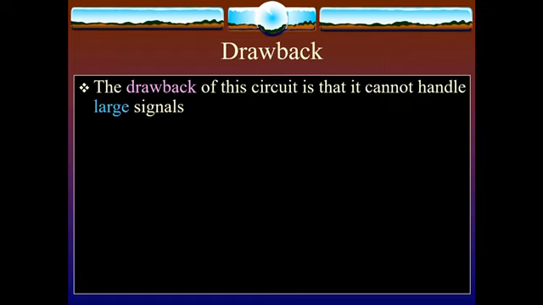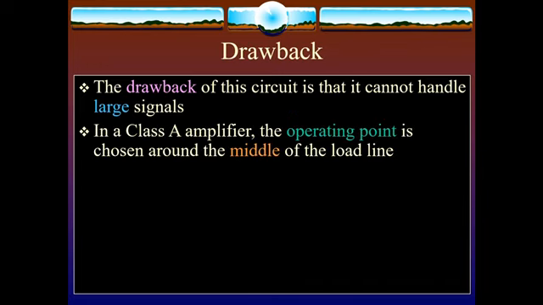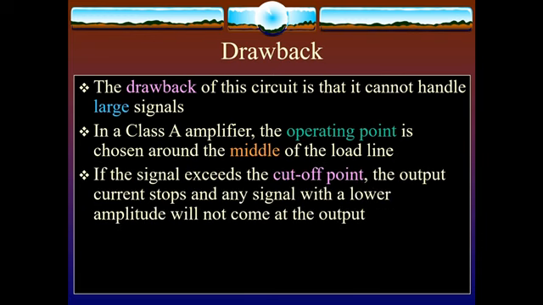So what is the drawback you can see in this design? It cannot handle a very large signal. Already we told it. In a Class A amplifier, the operating point is chosen around the middle of the load line. So if the signal exceeds the cutoff point, the output current stops, with no current beyond this cutoff. Any signal with a lower amplitude will not come at the output itself.